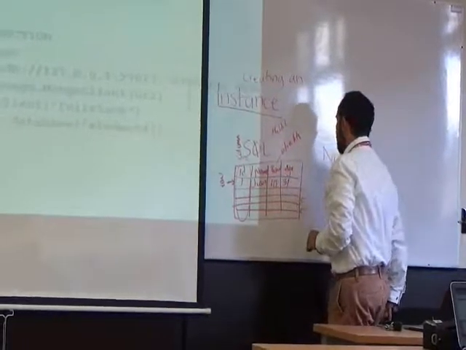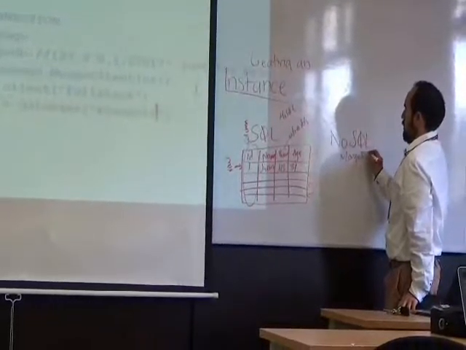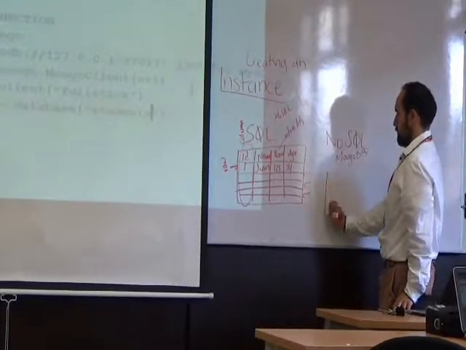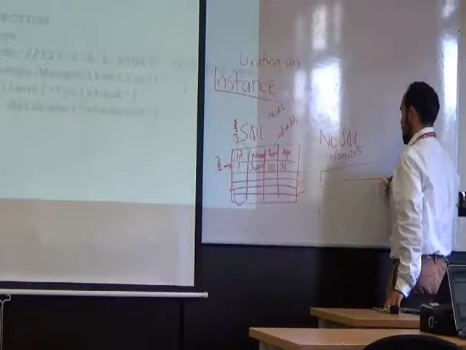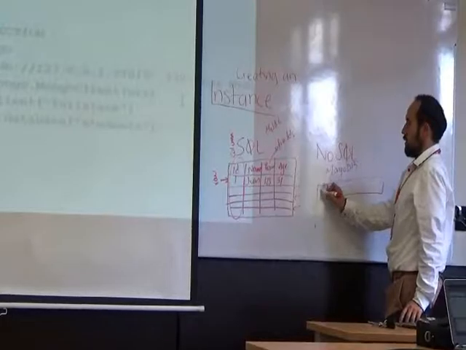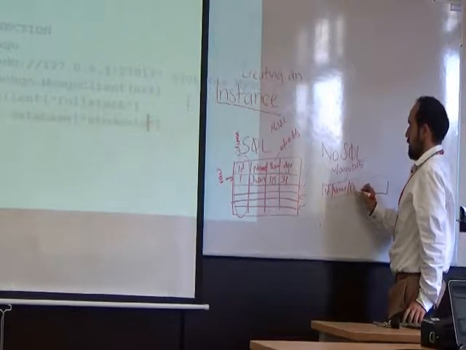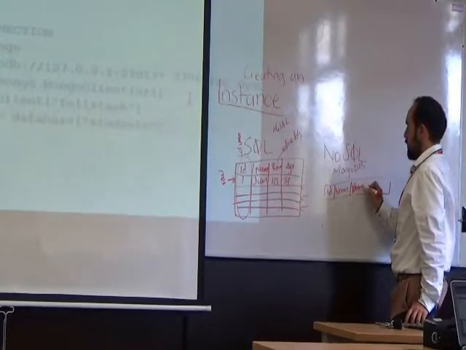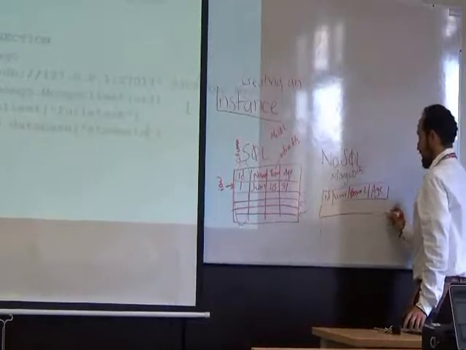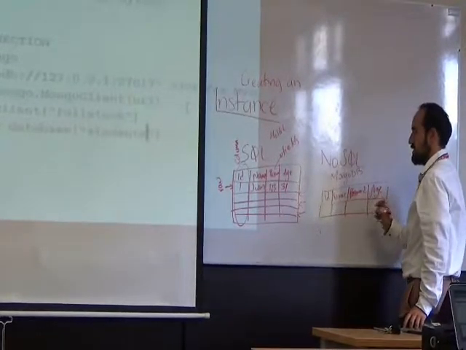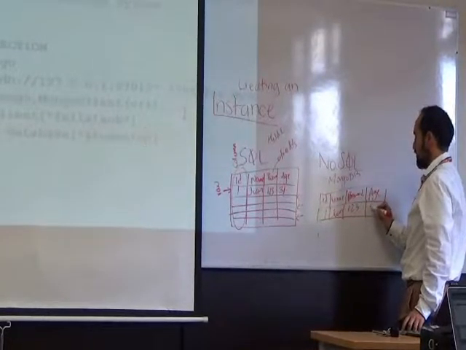In the case of NoSQL as Mongo, I have this. For example, my first row has an ID, name, password, and age. And I have my first row like this: 1, 1, 123, 31.